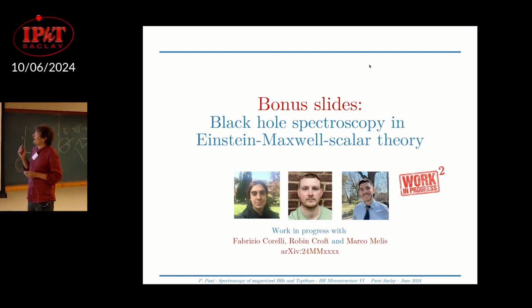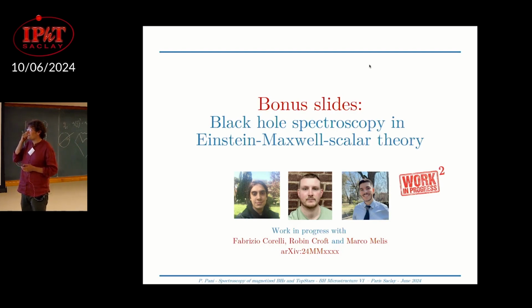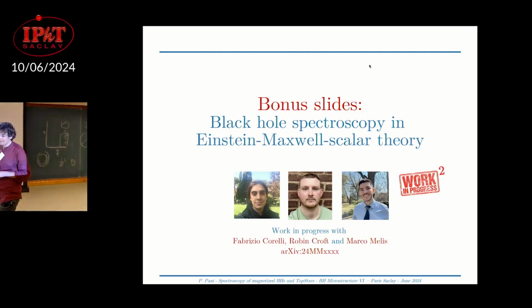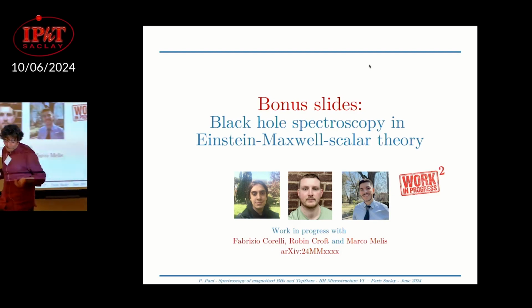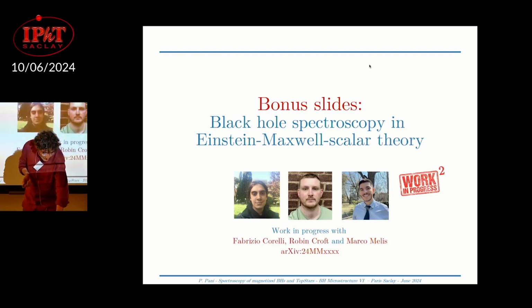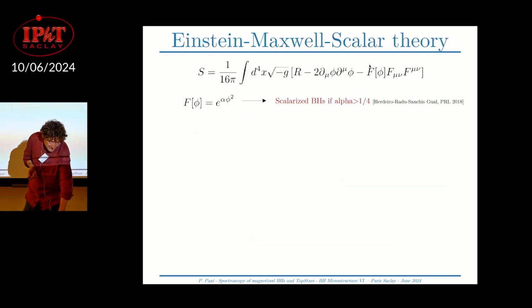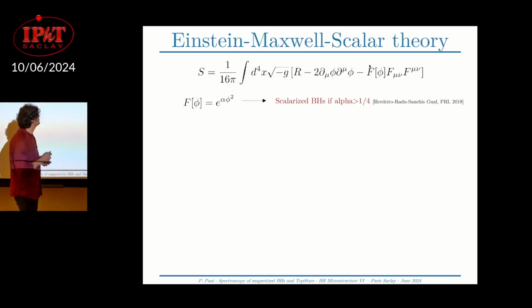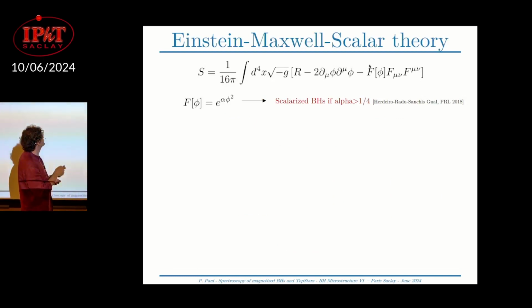One slide on a work in progress with these people here, all in Rome, Fabrizio Corelli, Robin Croft, and again, Marco Melis. This is work in progress squared because, as you can see, probably it will be out in 2024, hopefully, but not anytime soon. With this, I hope it's clear that it's interesting for various reasons to study theories like this one here: a scalar field, a Maxwell field, some non-minimal coupling.